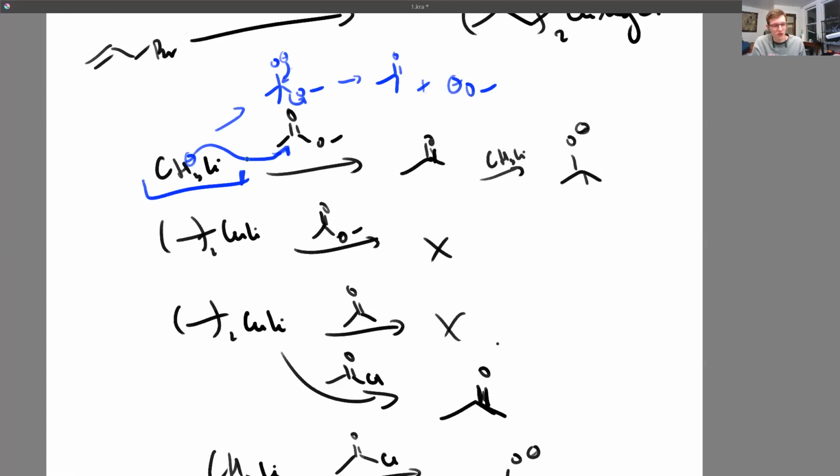Lithium aluminum hydride is a really strong one, but sodium borohydride isn't, and it just kind of stops before being able to cleave esters like this. Yeah, I'm not sure if I can give a much more satisfying answer than that, because it probably comes down to the electronegativity of, let's say, the boron versus the aluminum in the lithium aluminum hydride.